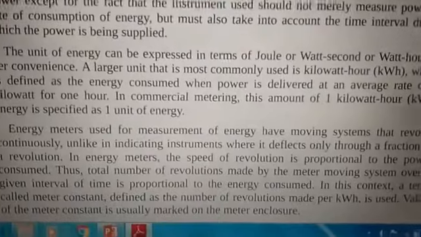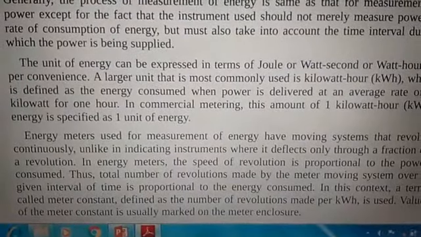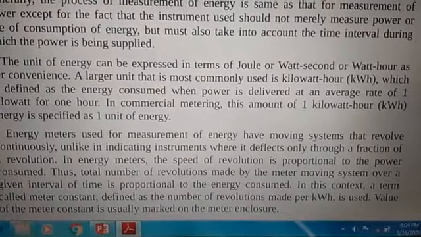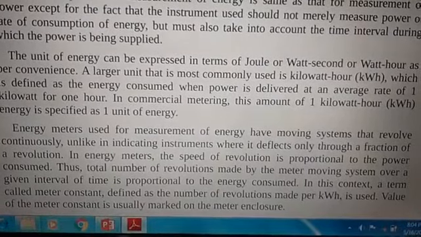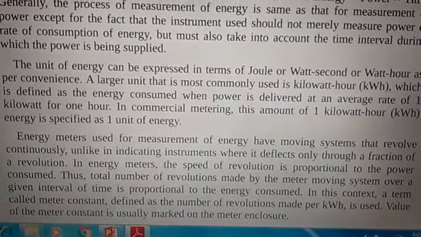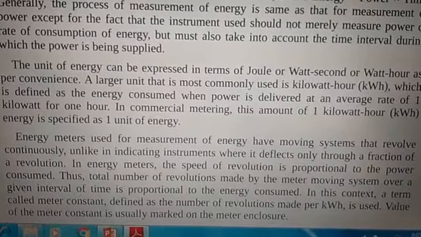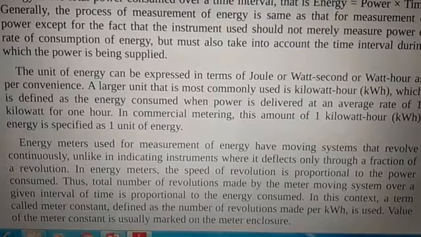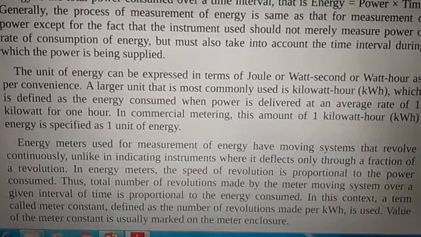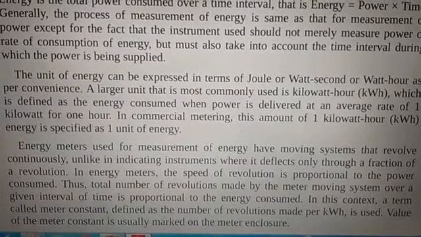Energy meters used for measurement of energy have a moving system, as I discussed earlier, that revolves continuously, unlike indicating instruments where it deflects only through a fraction of a revolution. In energy meters, the speed of revolution is proportional to the power consumed.